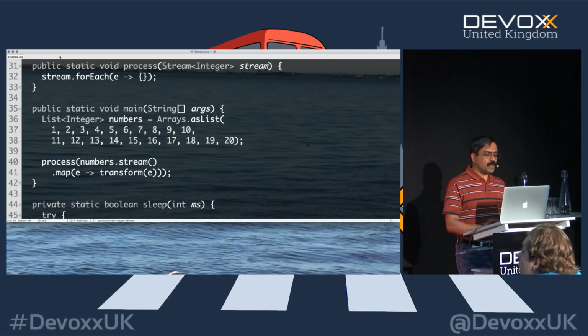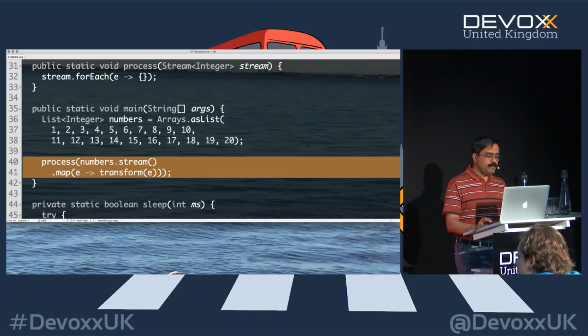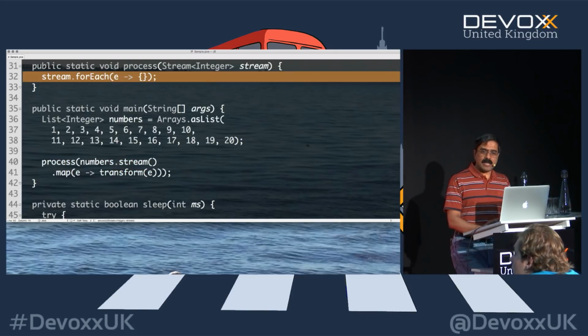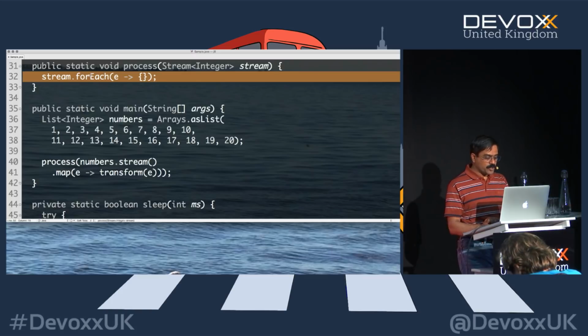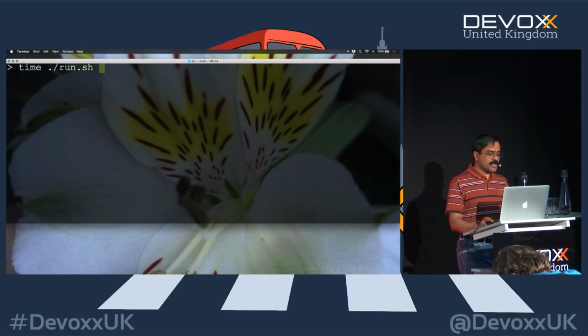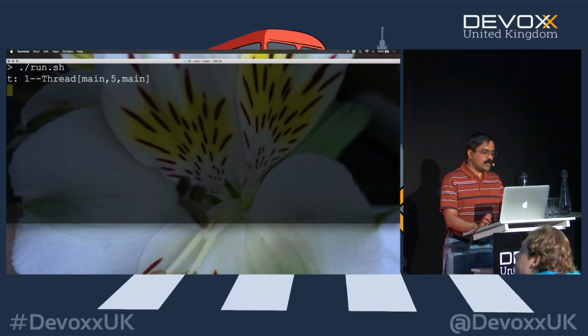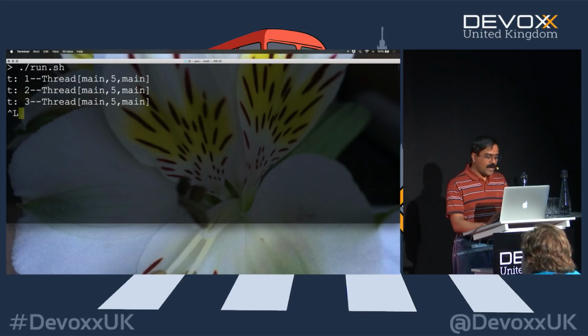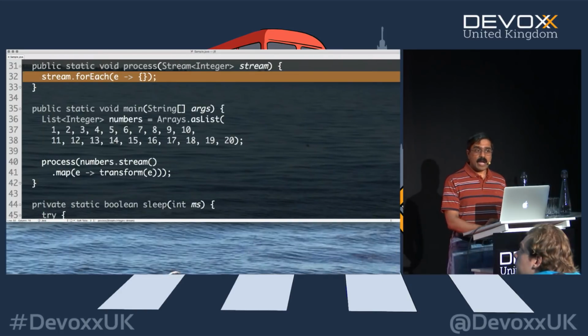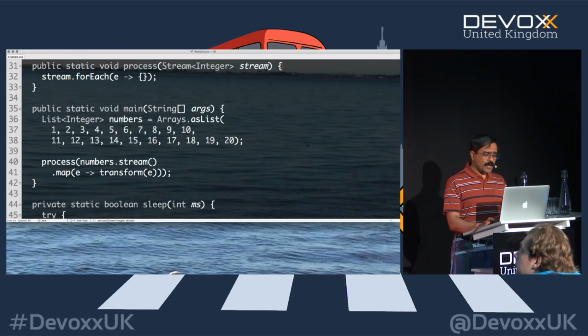When I run this code, the stream was mostly built in the main, but the terminal operation is being called within the process method. When I run this code this time around, you will notice that the whole thing is running in the sequential thread. No surprise over there.